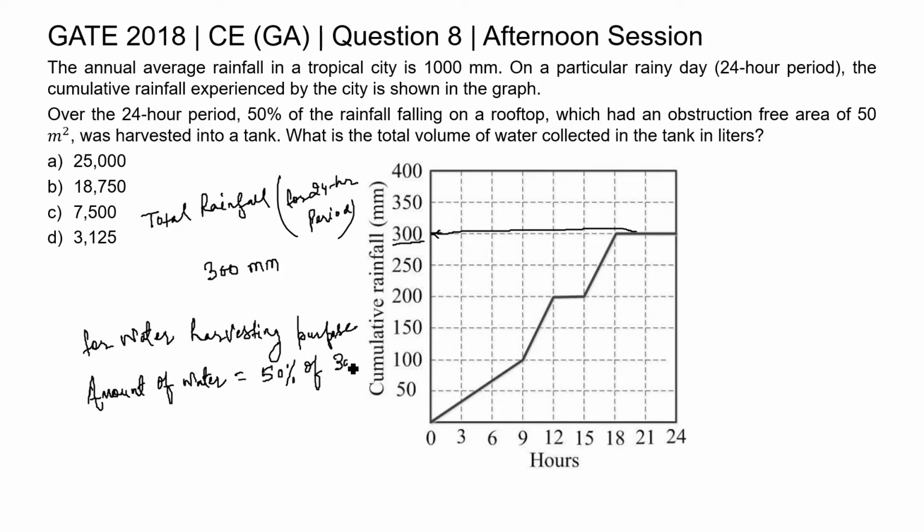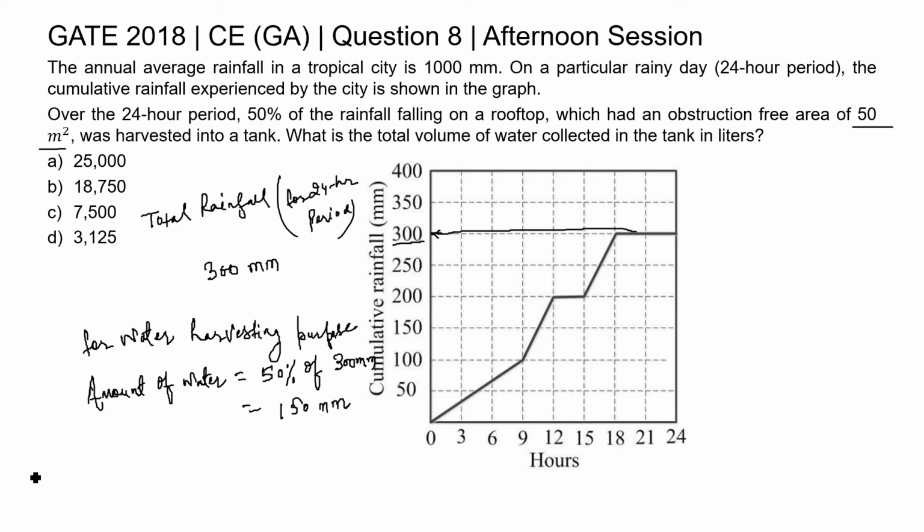So total rainfall is 300 mm. So 50% of 300 mm is 150 mm. And this is the rainfall amount, and this amount of water had an obstruction free area of 50 meter square which is collected into a tank.